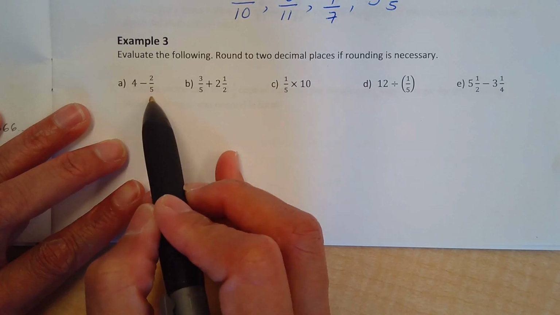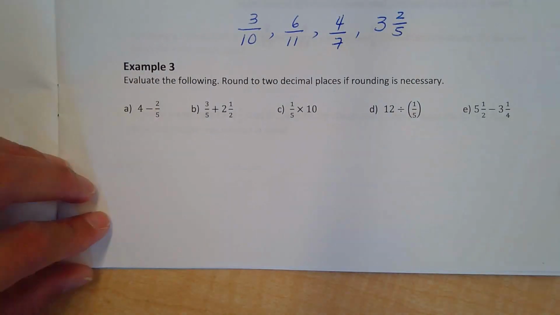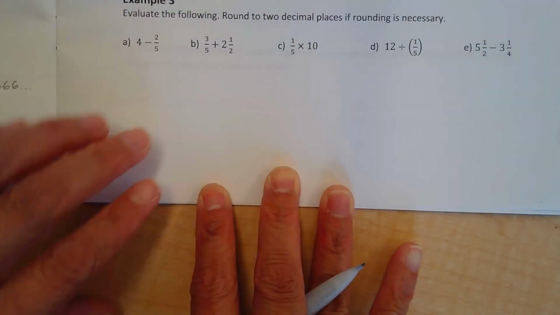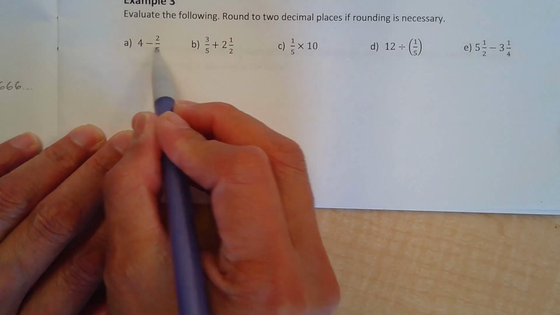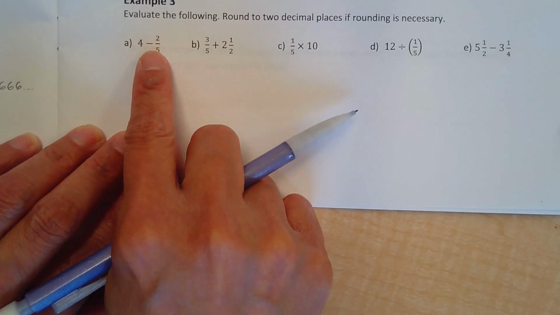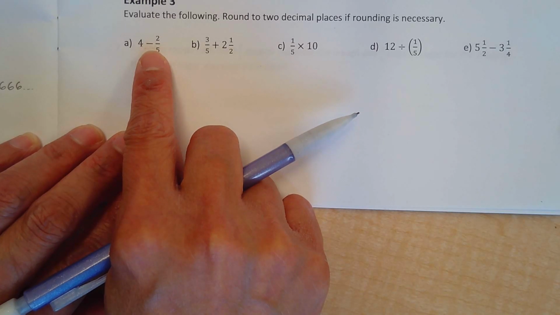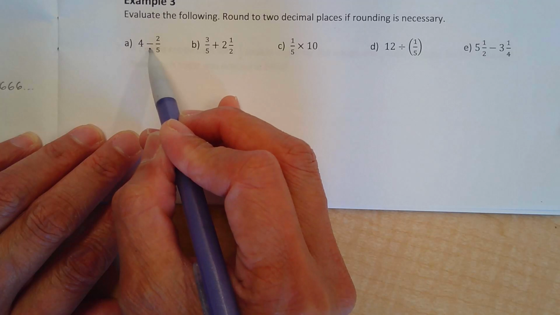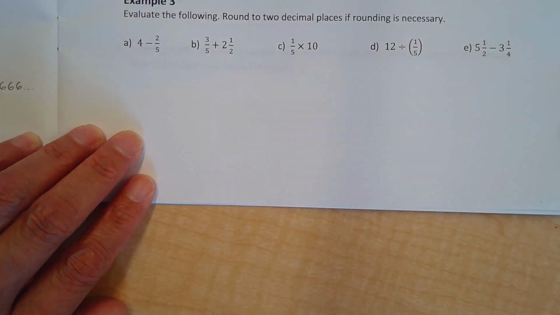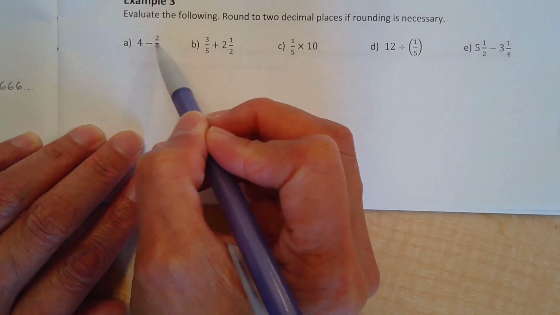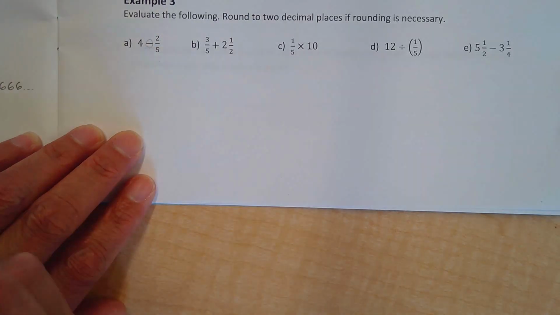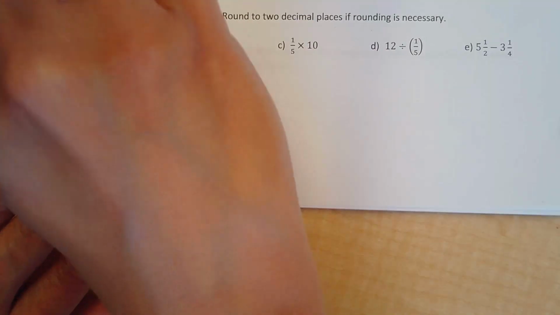How can we enter this? Now, before I begin, what does that say? Is this a mixed number? Okay, so this is 4 minus 2/5. This is not a mixed number because you have a minus in between. So, how can we do this?